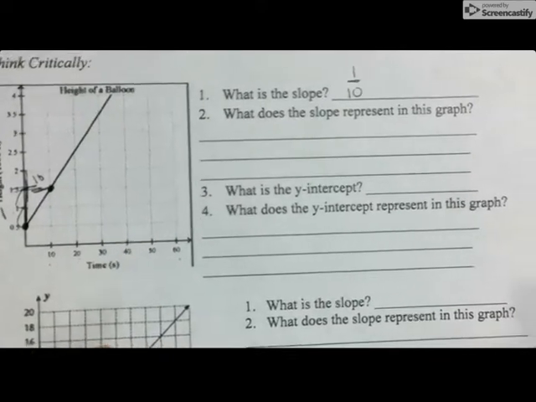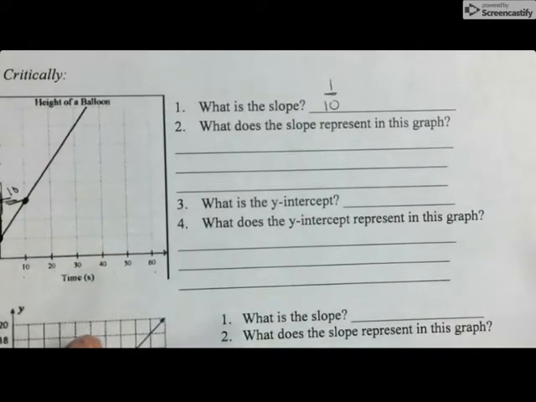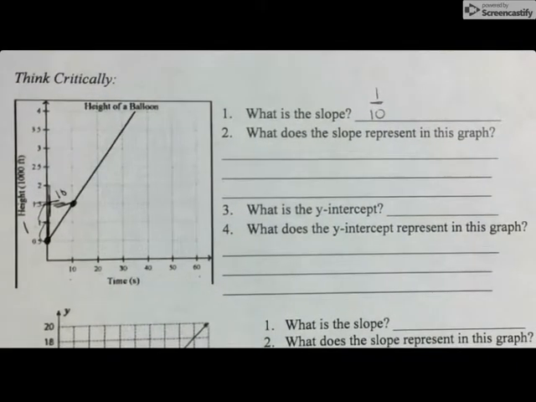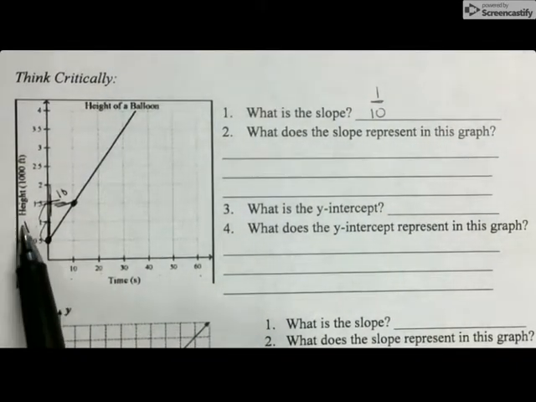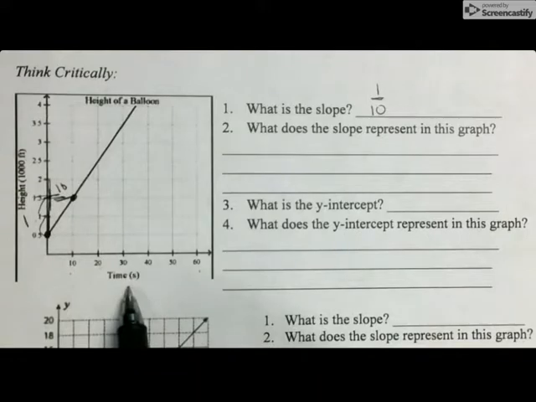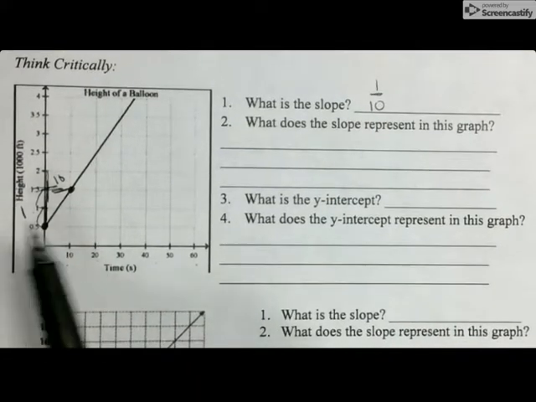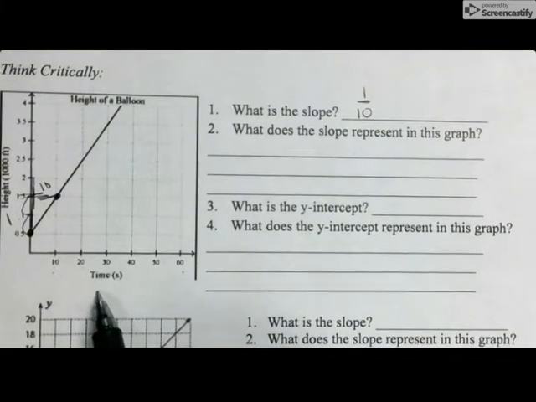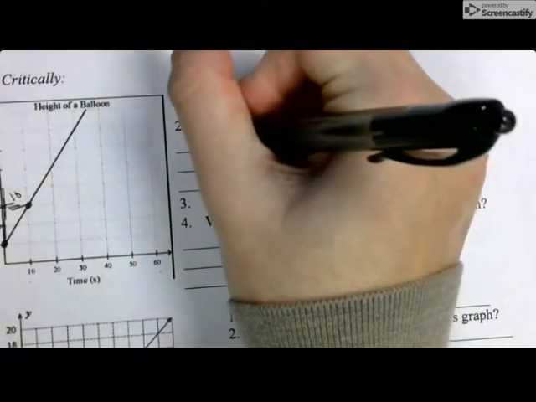So then it says, what does the slope represent? So what does it actually mean in this problem? It's not rise 1, run 10. Look at the sides. Height, time. Height, time. So I'm going to help you out for the first one if you don't know.